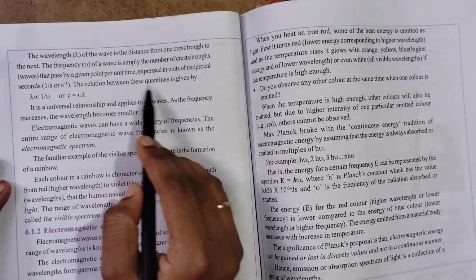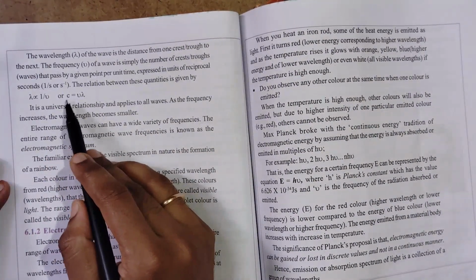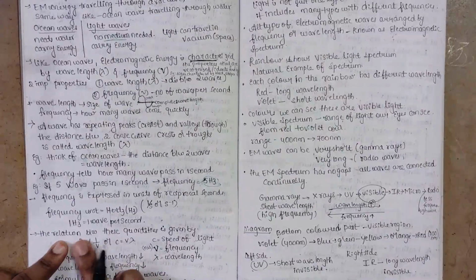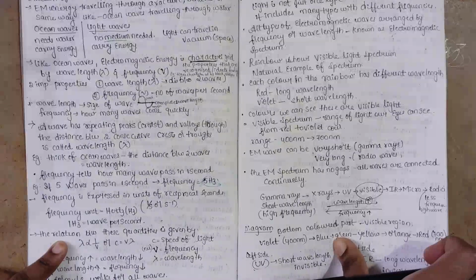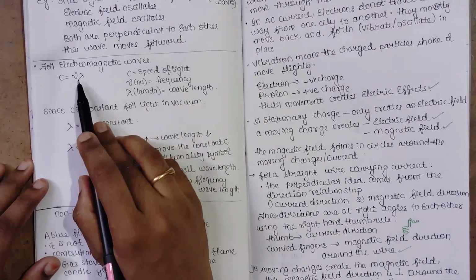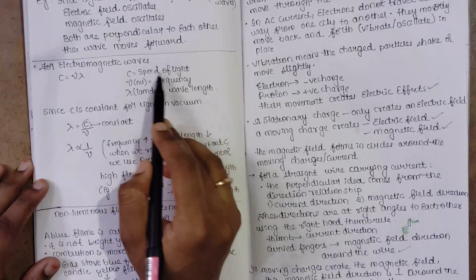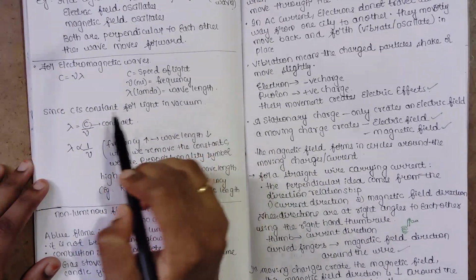Now we'll see the relation between these quantities, that is lambda, nu and the speed of light, c. For electromagnetic waves, c is equal to nu lambda. C is the speed of light, nu is the frequency, lambda is the wavelength.